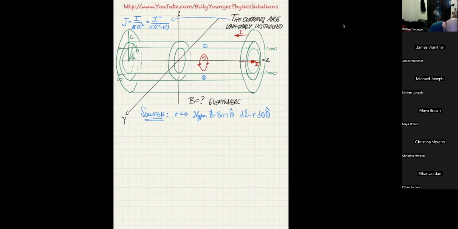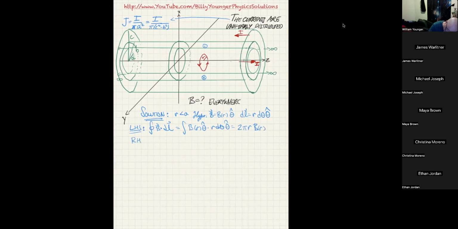So now I can say left-hand side, closed integral of B dot dl is equal to the integral of B of R theta hat dot R d theta theta hat, which turns out to be just 2 pi R B of R.